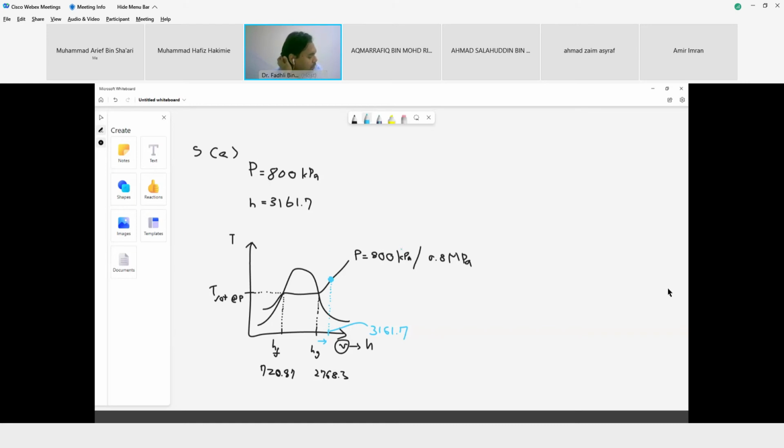So we have to determine the temperature. We have to find the temperature at this point, and then we have to know the X, and the last one is phase. Phase is very easy. We know the region, then we can determine the phase.